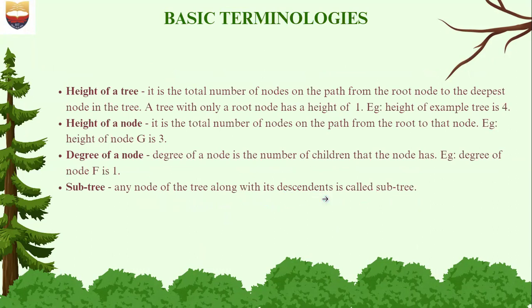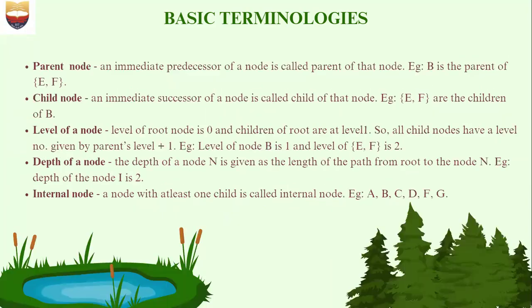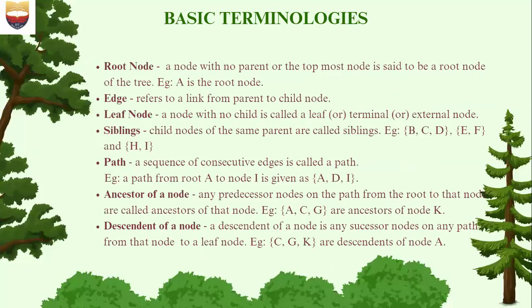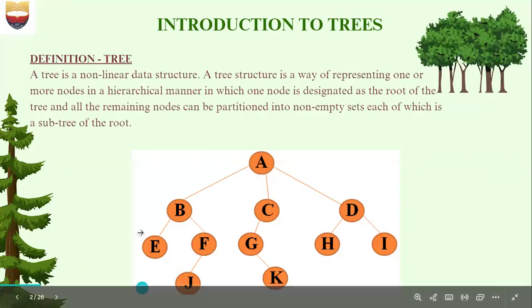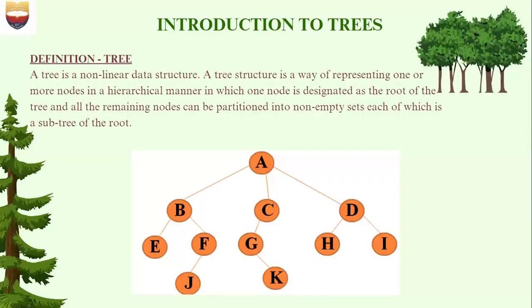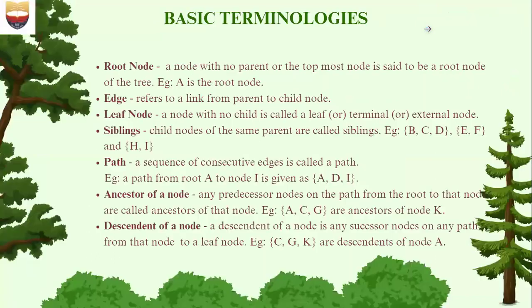In our example diagram, we have 3 subtrees for the root node, right? This is left subtree and this is right subtree. And this is what? Middle subtree.